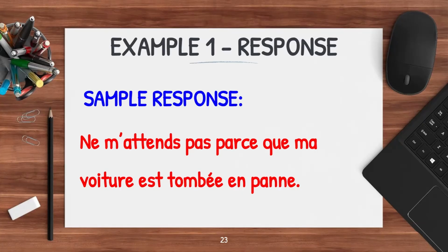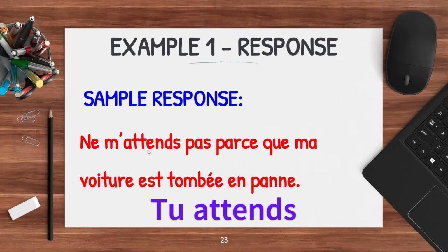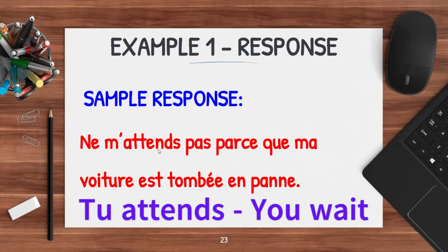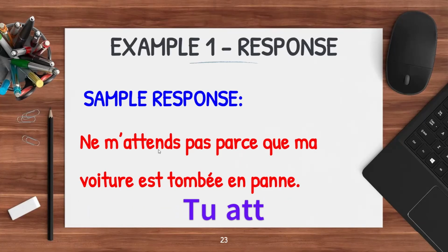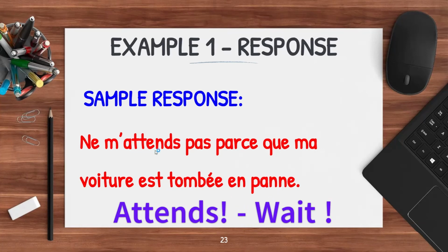Do you understand? So in this case, for example, this word here, attends, right? If you say you wait in French, it will be tu attends. But if you want to give a command and just say wait, you're just simply going to say attends.